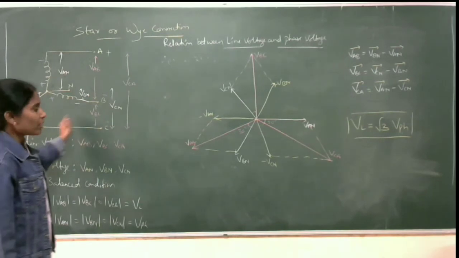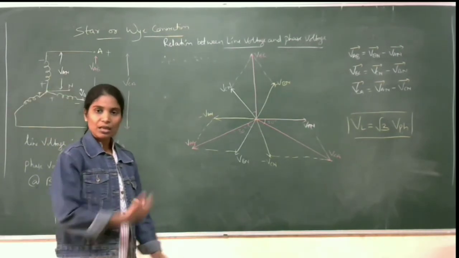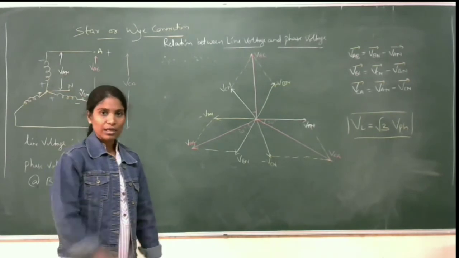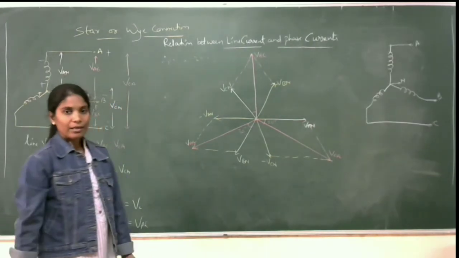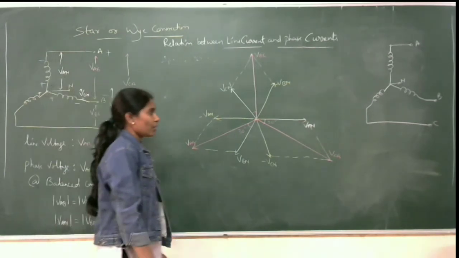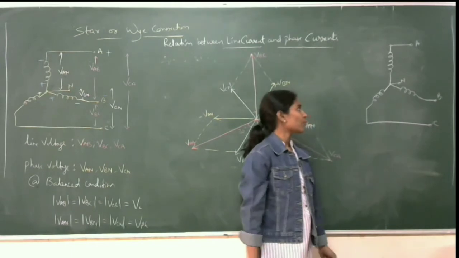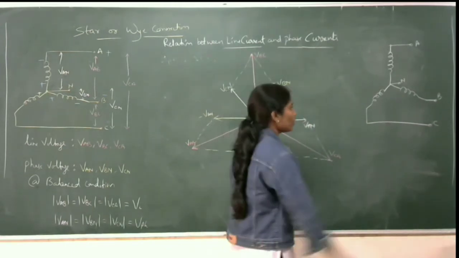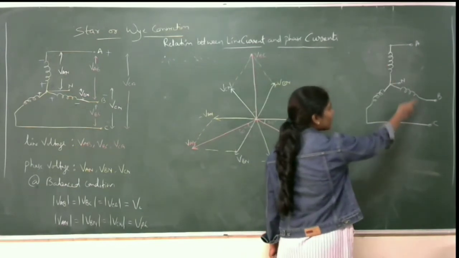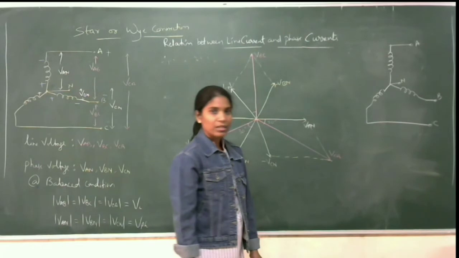Now in a similar manner we can have the relation for line and phase current for the star connection. So let's see the relation between line current and phase current. For that I am giving another diagram for star connection, which is similar, but for a clearer vision I am showing it differently. There are three windings A, B and C at the neutral. What is line current and what is phase current?